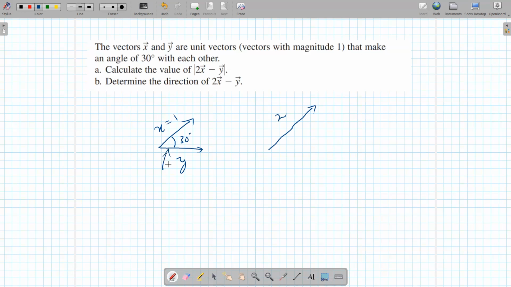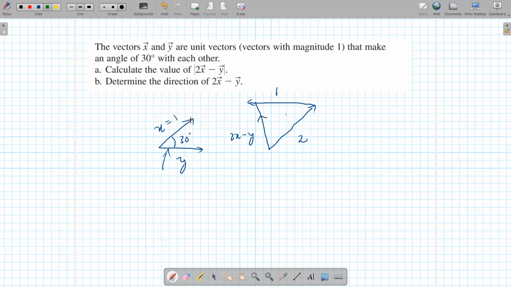This one is plus y, right? What I'm going to do is go here and then flip it like that. And that's going to be minus y, correct? So this will be minus y, and it also has a length of 1. And therefore, your resultant vector is right here. This is 2x minus y. Cool?